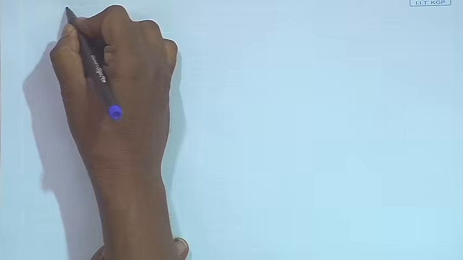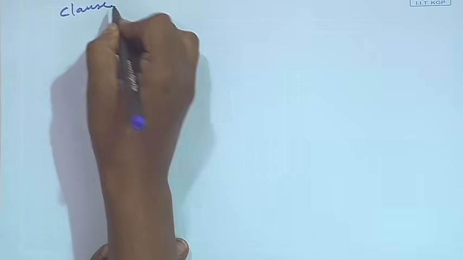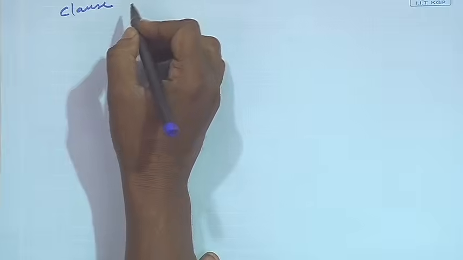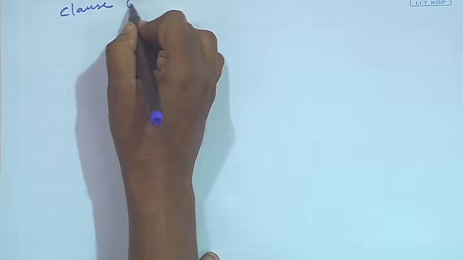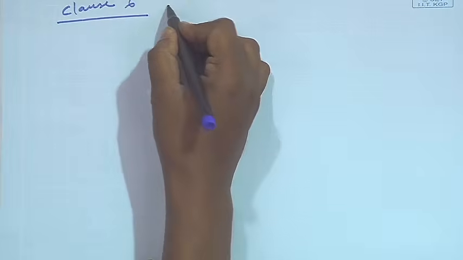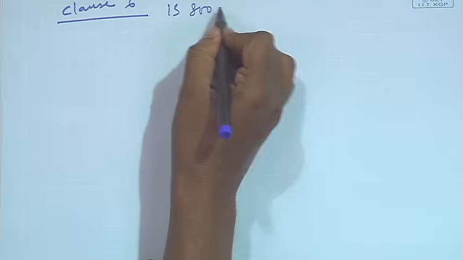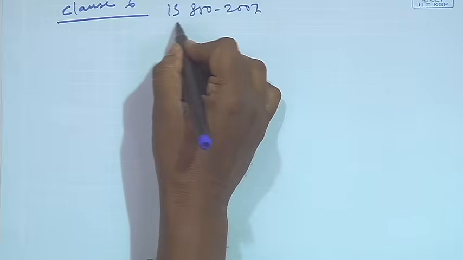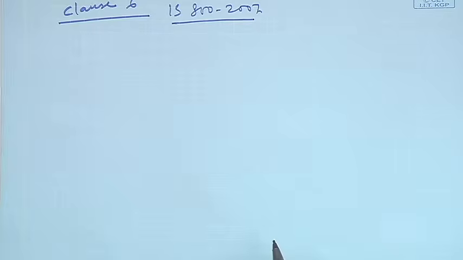Coming to the codal provisions, in clause 6 of IS 800:2007 we get the design strength calculation of tension members.